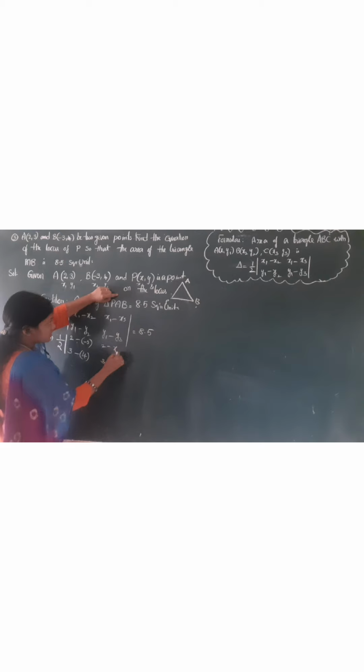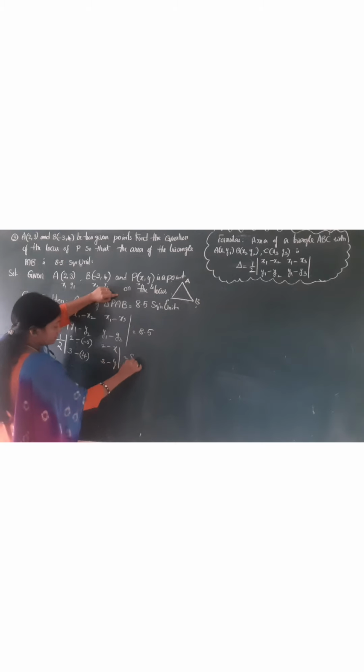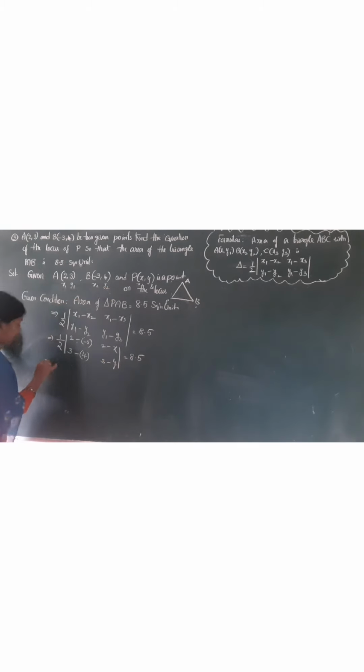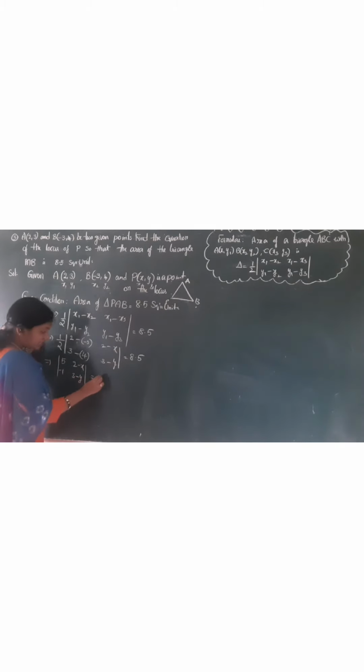And here x and y is equal to 8.5. Here I am taking this half to the other side, it becomes 2, right? So this will be 2 plus 3, it is 5. 3 minus 4, it is minus 1. 2 minus x, 3 minus y, is equal to 2 into 8.5. How much? It is 17.